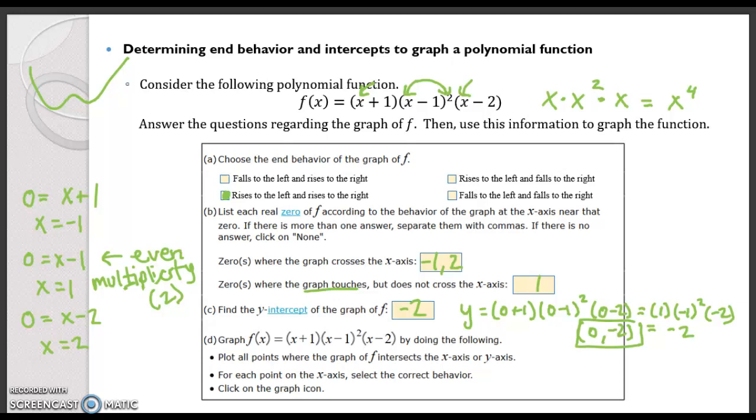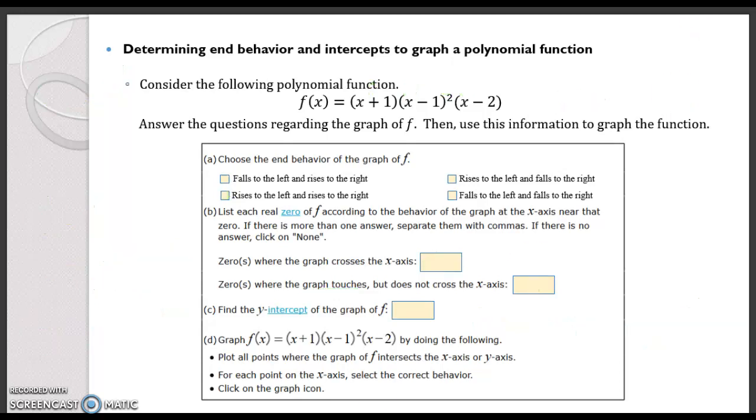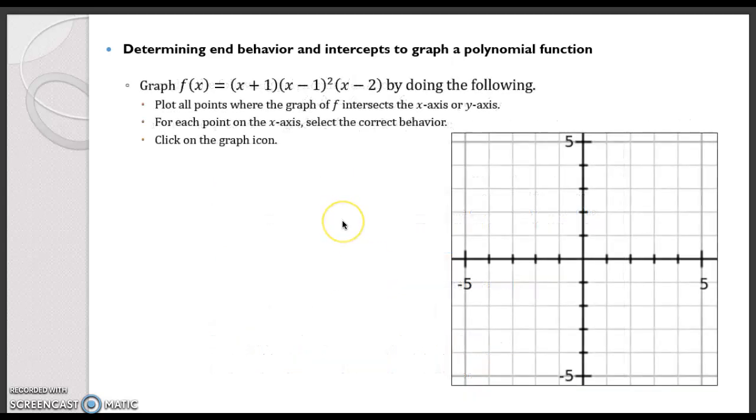Now it says to graph. So we're going to do that on another page so we have some room. So let's go ahead and graph. We want to plot all points where the graph of f intersects the x-axis or the y-axis first.